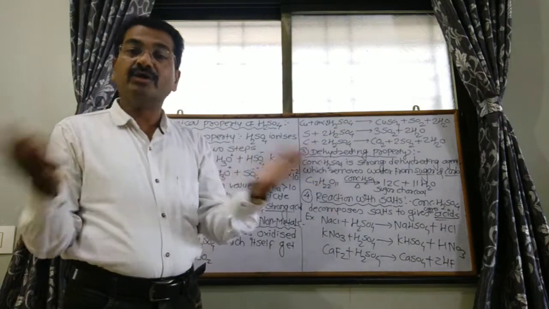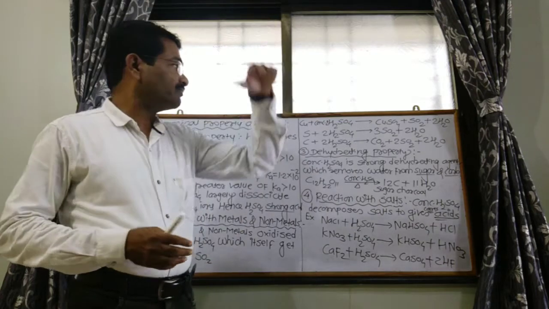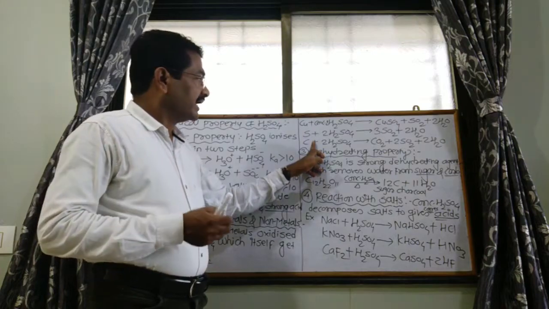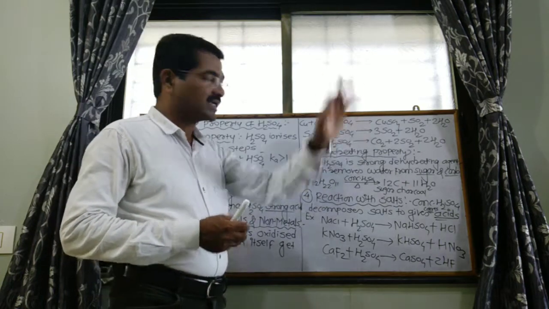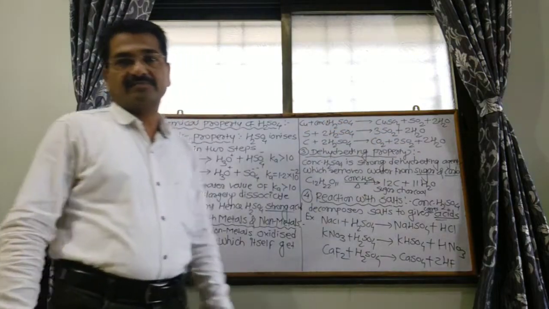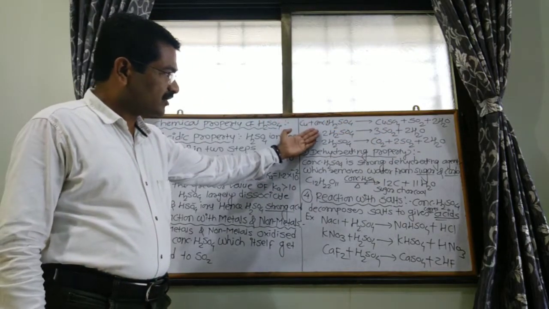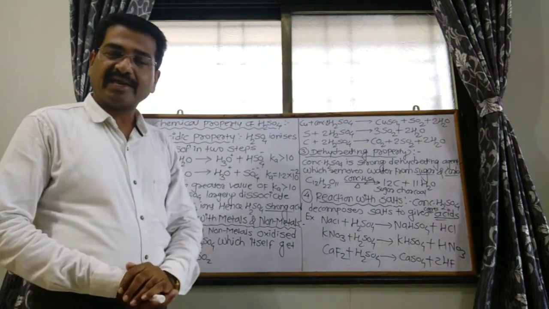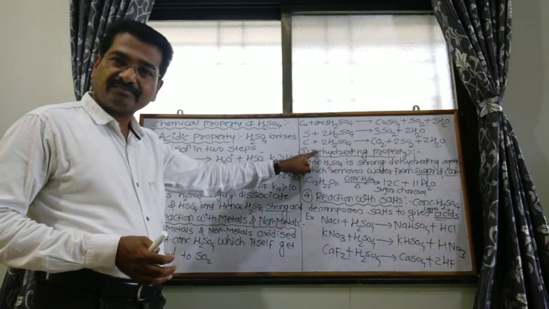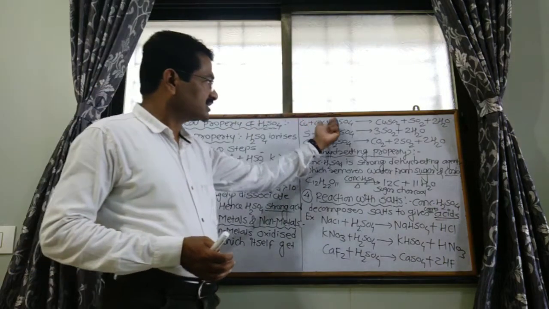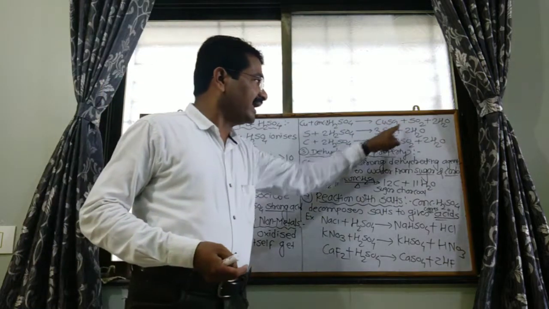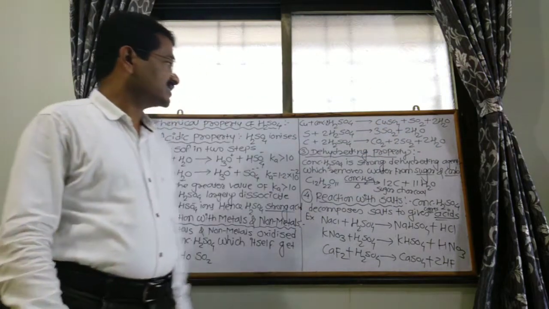That reaction is reduced to give SO2. Again, carbon, a non-metal, can react with sulfuric acid to form carbon dioxide gas with sulfur dioxide. So all these show that whenever metals or non-metals react with hot and concentrated sulfuric acid, they give sulfur dioxide, SO2 gas.